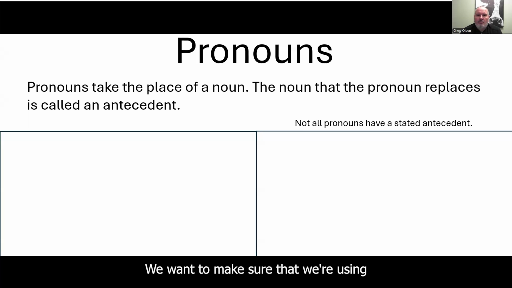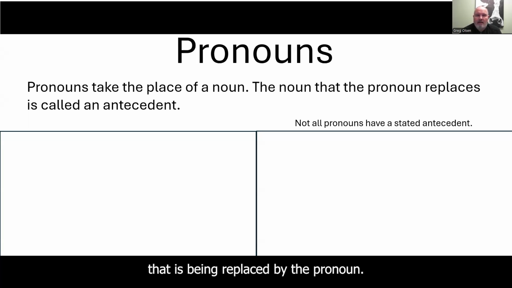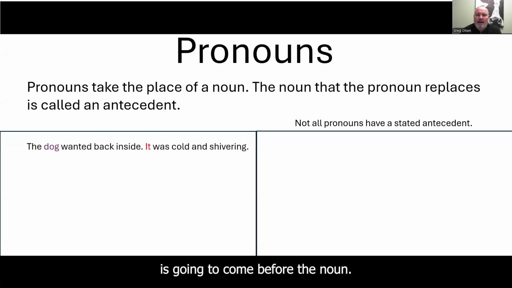We want to make sure that we're using the correct pronoun with the correct antecedent. And by antecedent, that is the noun that is being replaced by the pronoun. We see the prefix ante, which means before. So normally the noun is going to come before the pronoun. So we look at something like this.